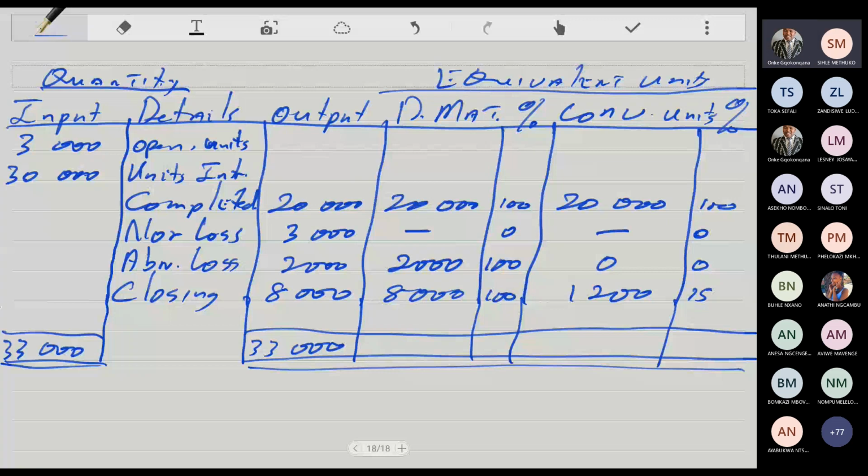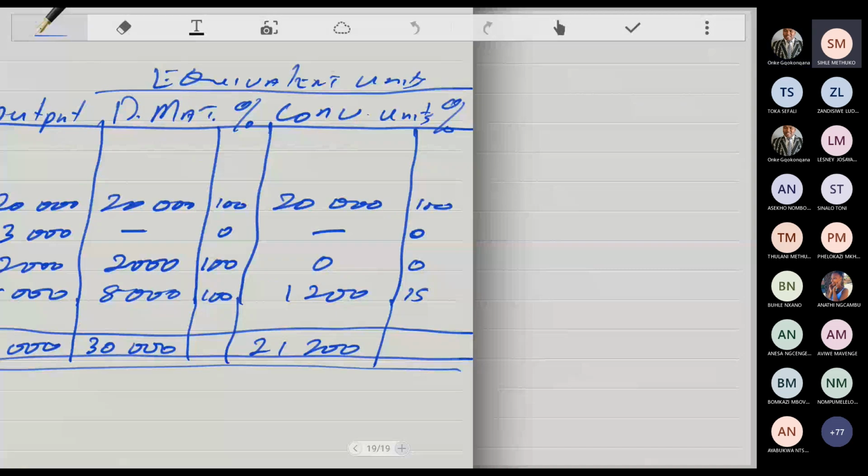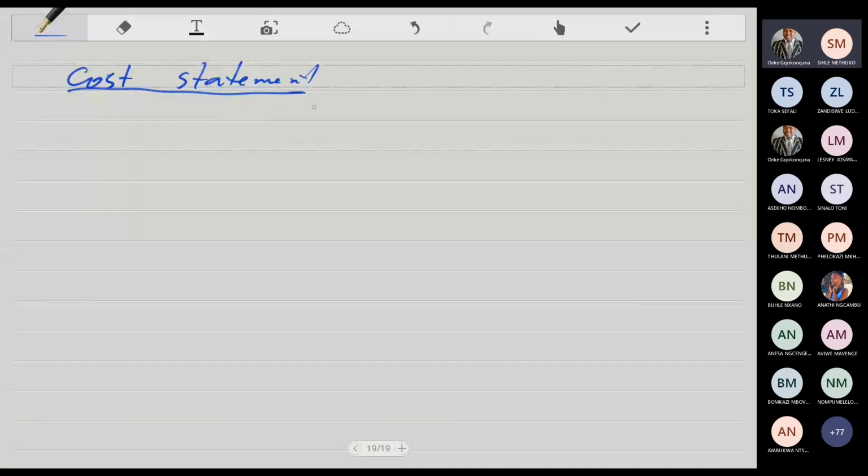Then we move on to the cost statement. In our cost statement, we'll have our total equivalent units and cost per unit.